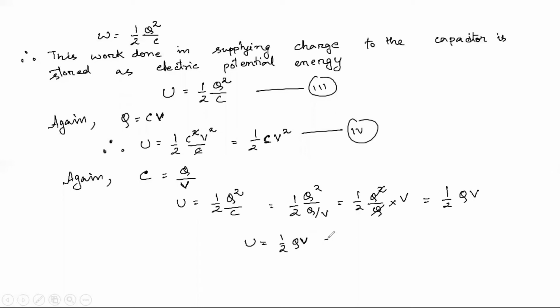So you have 3 expressions of potential energy: half QV, half CV square, and half Q square by C. You can use any one of the 3 expressions, depending on what data are given. This is the amount of energy stored in any capacitor when it gets charged by any power supply.